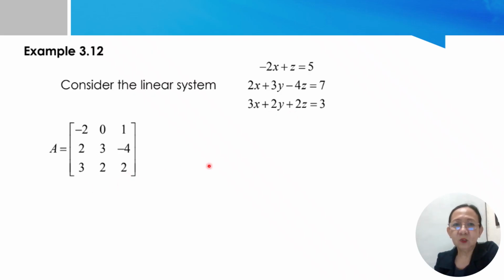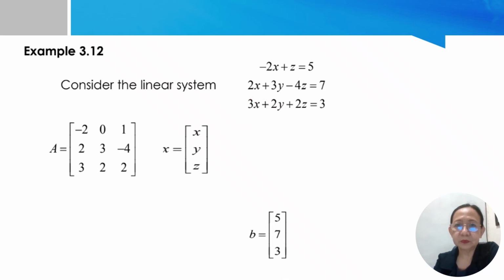Okay? Now, let us collect all the variables. So, we have x, y, and z as the variables. And all the constants, of course, in the form of 5, 7, and 3. Okay.